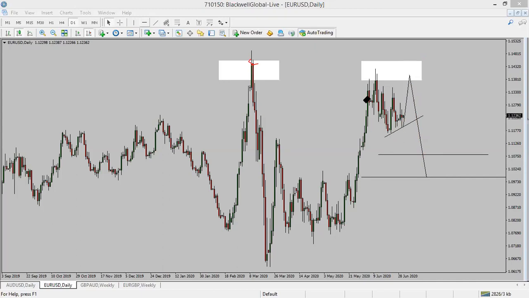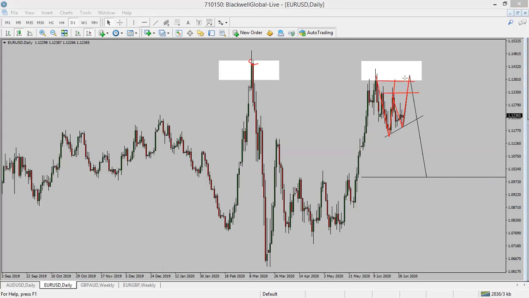So because price is ranging at these levels, I'll be looking for a pullback, so a retracement back to this level will be good. This resistance level would be very good for me.